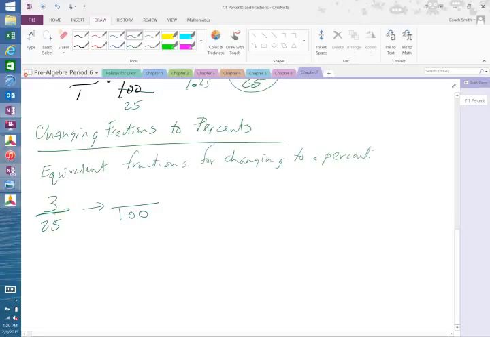So what did we do to 25 to make it 100? Multiplied by 4. So therefore, we're going to do the same thing to the top, which makes 12. Now, 12 over 100 is not a percent, but all the percents are based on 100. So if we have 12 over 100, that is 12%.